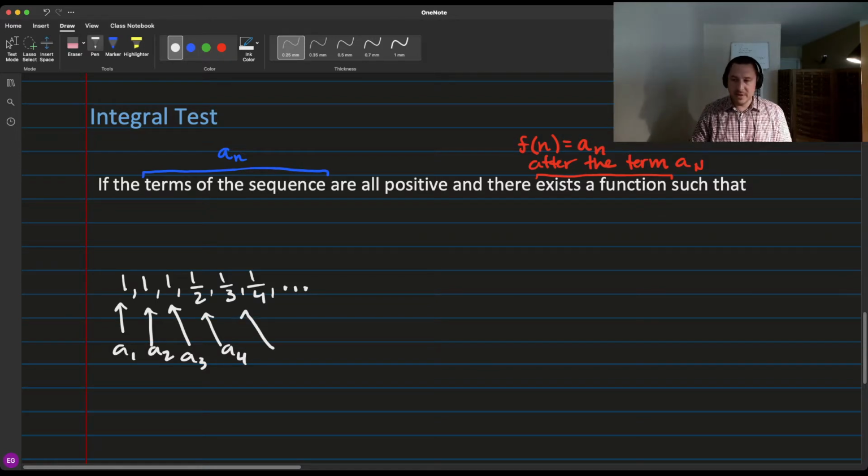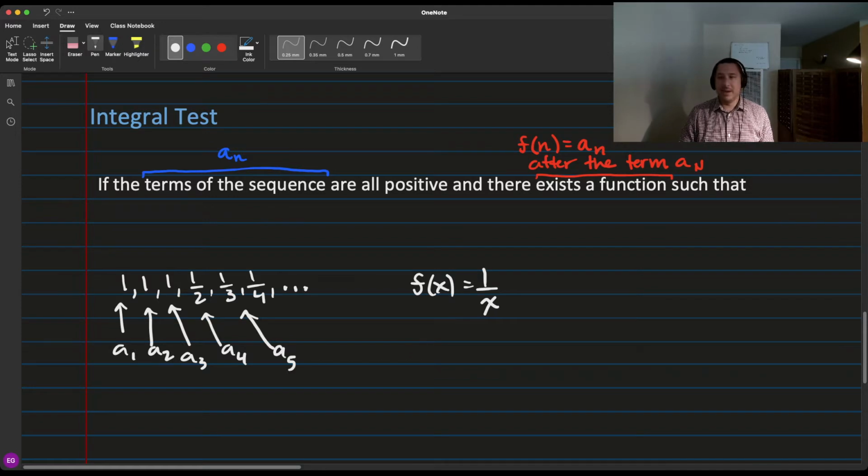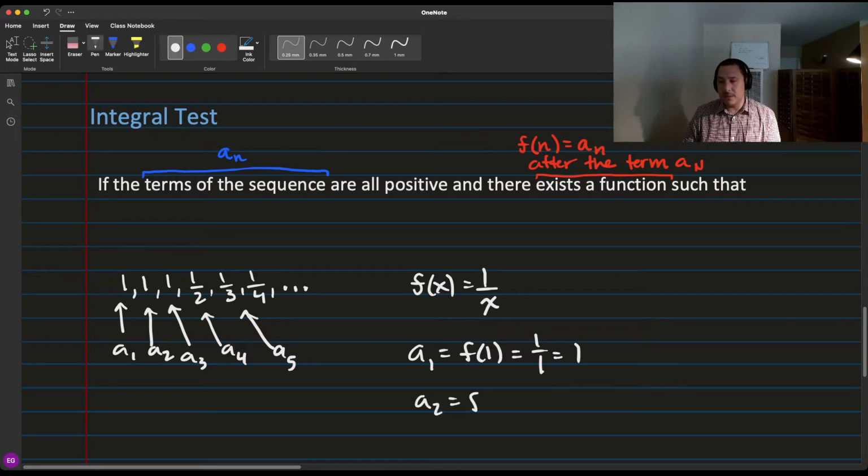And then what's the fifth term? 1/3. You would like your function f of x just to be 1 over x. But we're required that a_1 has to be equal to f of 1. Now that works out because f of 1 is 1 over 1, which is 1, and a_1 is 1. But a_2 has to be equal to f of 2. What is f of 2 equal to? 1/2. But what is a_2? 1. So do you see how they don't match right there?